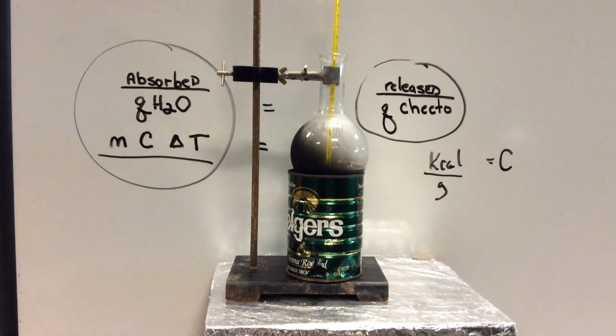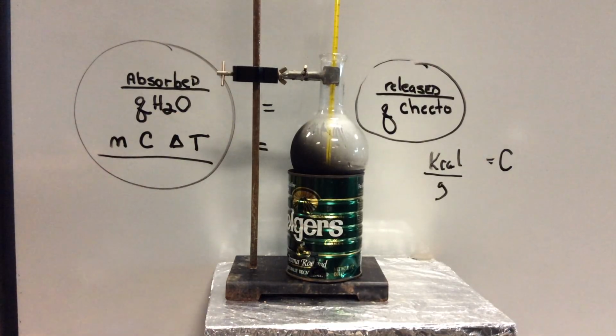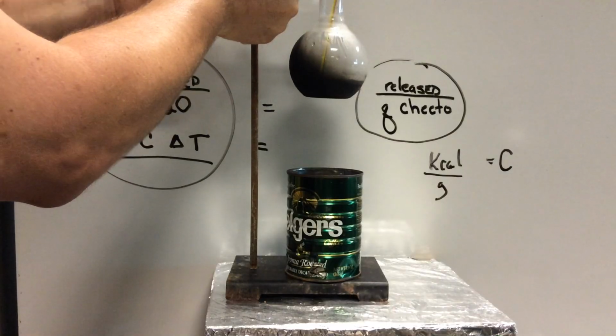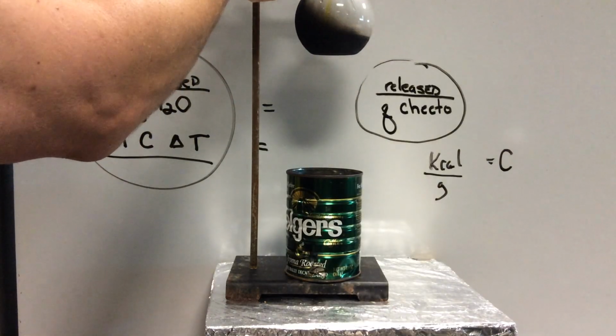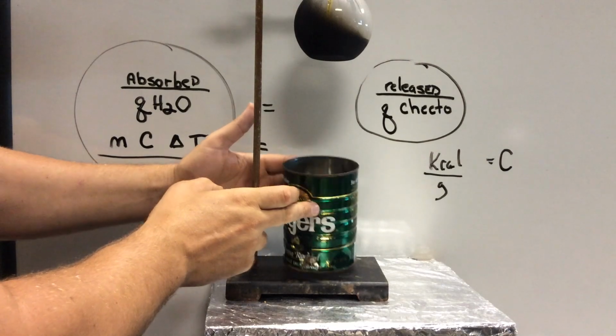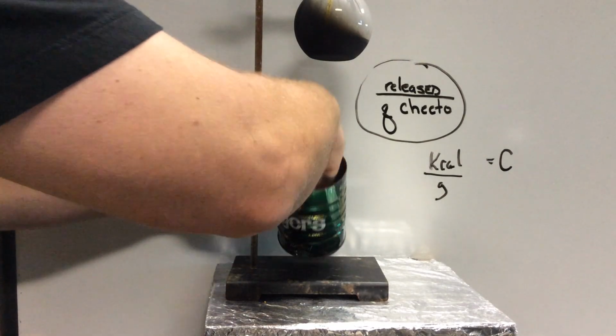Okay, last little piece here to finish out all the measurements we need to come up with our kcals per gram value, or Calories per gram, big C, is we've got to get after the remnants of our Cheeto. So what we're going to do is pull up the flask here with the 100 grams of water that's been heated, and the can, which is part of my calorimeter, not a very good one, think about heat loss, and we're going to try to get what's left.